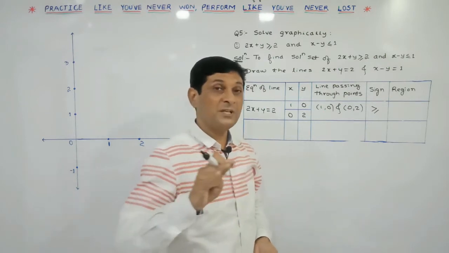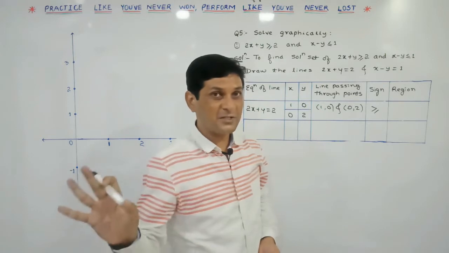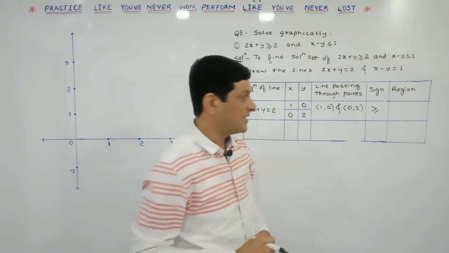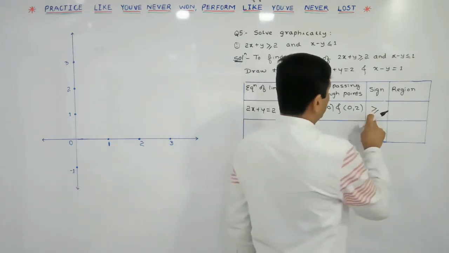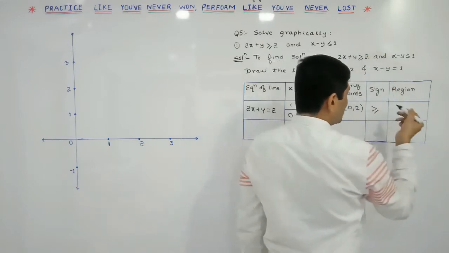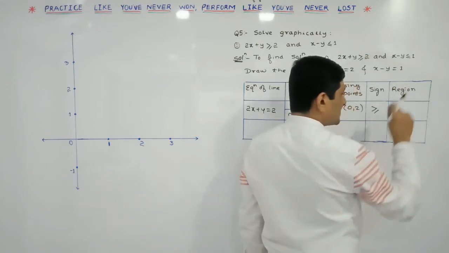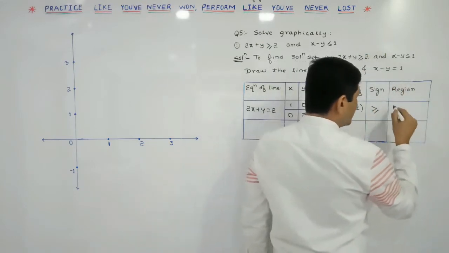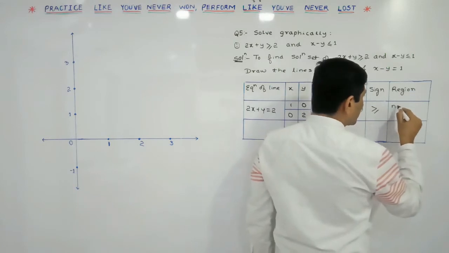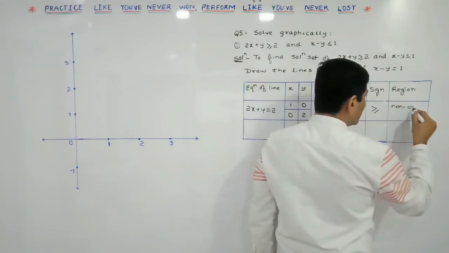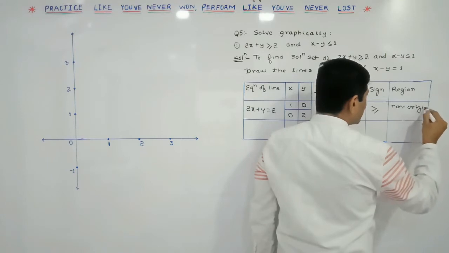In case the number is negative, this condition does not hold. Remember that. So here greater than is there and the number on this side is also positive. That's why we can say that our solution set or required region is the non-origin side.